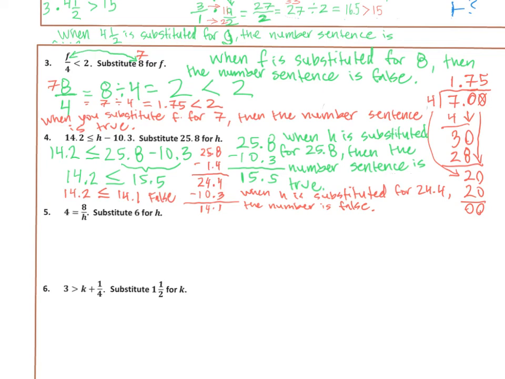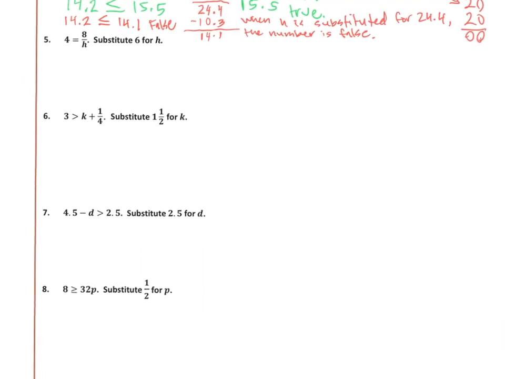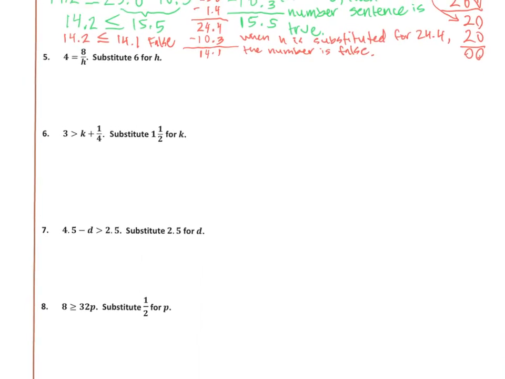So let's scroll down. Take a look at our last example that we'll be doing together. So 4 is equal to 8 over h, and they ask us to substitute 6 in for h.